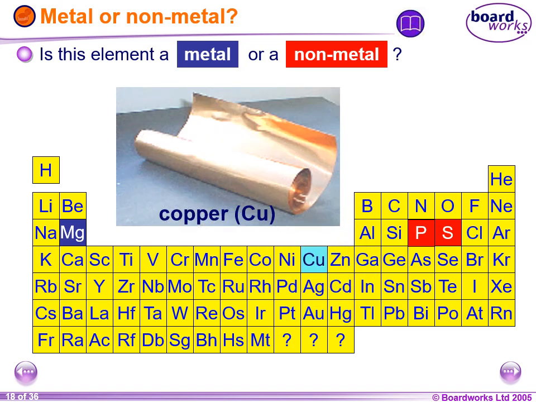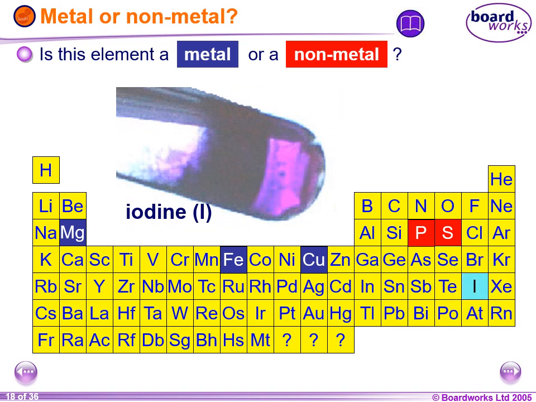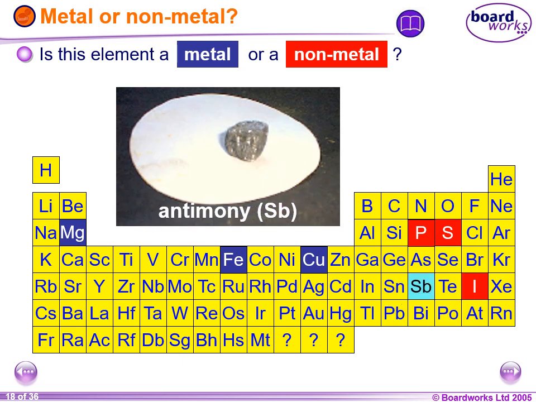Next. Copper. Metals or non-metals? Metals. Next, iron. Metals or non-metals? Ang sagot, syempre naman, metal. Okay. Iodine. Metals or non-metals? Okay. These are non-metals. Meron pa ba? Antimony. Okay. Metals or non-metals? It is hard to say.